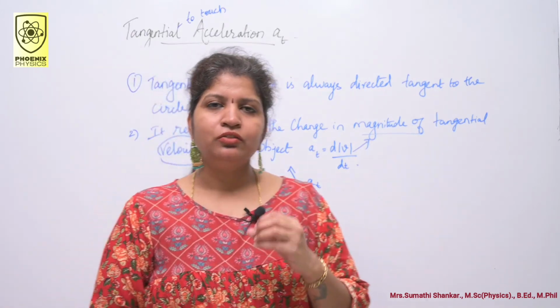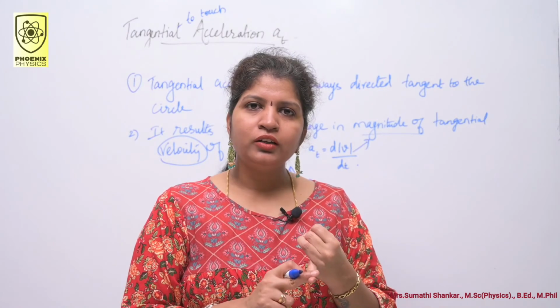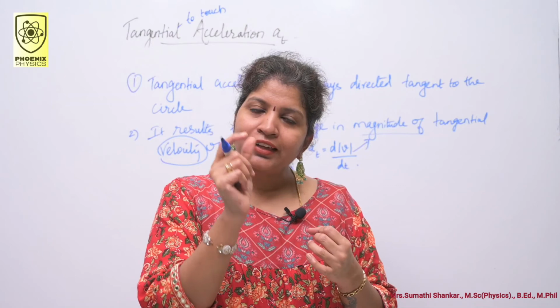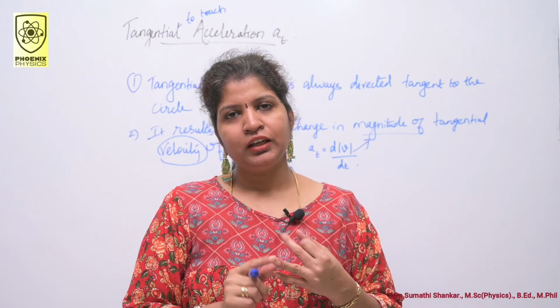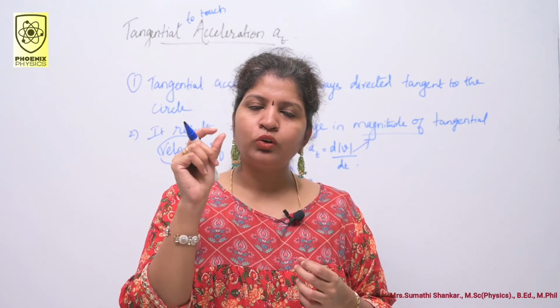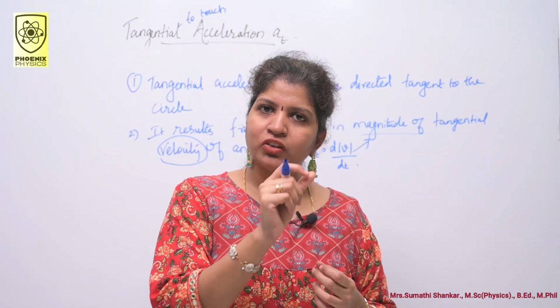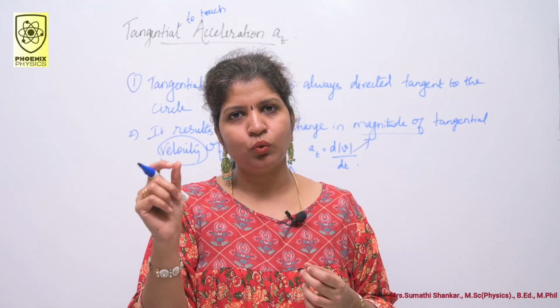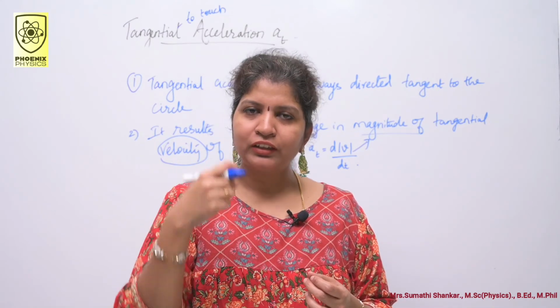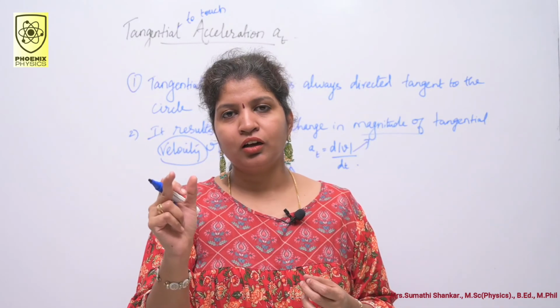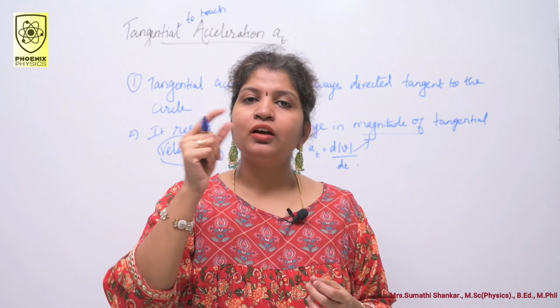In this class we discussed what is tangent of a circle, what is tangential acceleration, then we derived the v is equal to r omega relation. This equation relates linear velocity v and angular velocity omega. We studied the vector notation also, that is v is equal to omega cross r. How do you write omega cross r?